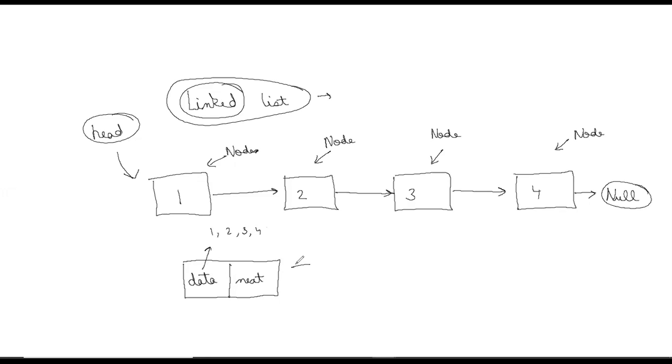So each node is represented like this. It contains data and it contains next. Next means what is pointed to by this node. I will complete the boxes also here.